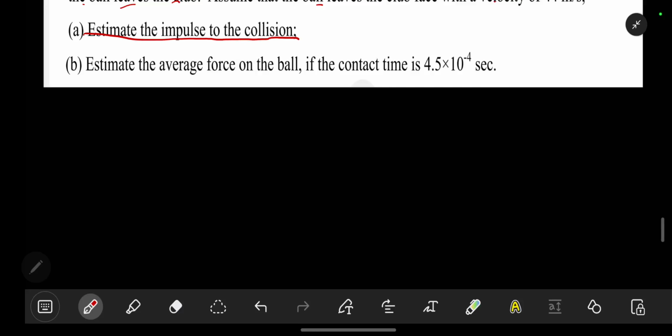So let's say we have a golf ball which is here. Then we have a club like that, and you want to hit the golf ball. As the golf ball is here, there is no contact, and the club does not have any velocity.